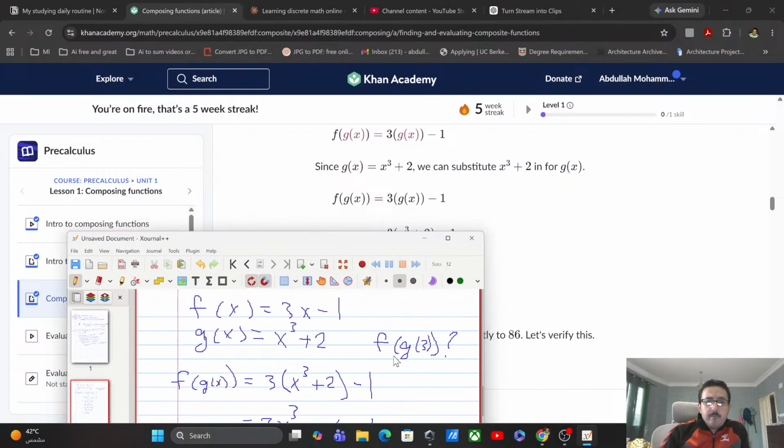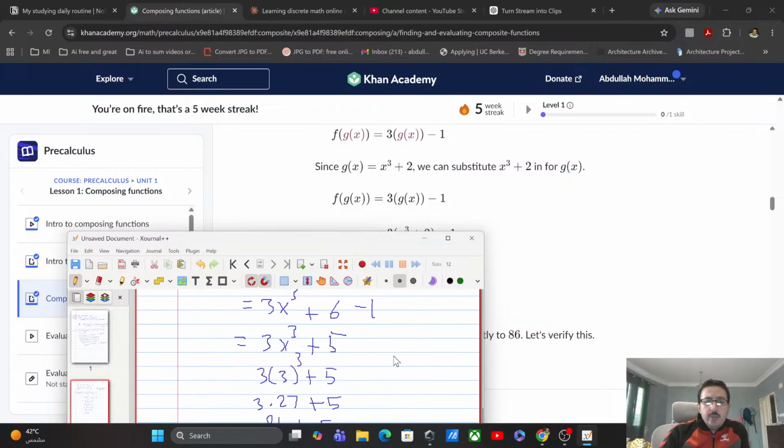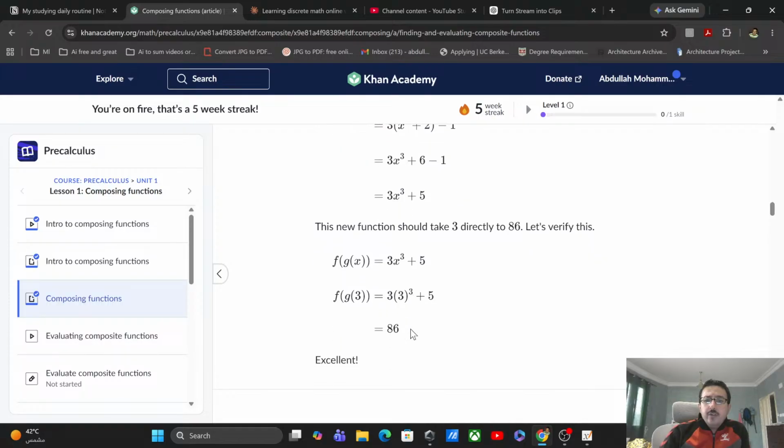Here it is: 3 times x cubed, all to the power of 3 plus 5. Got it? This new function should take 3 directly to 86.